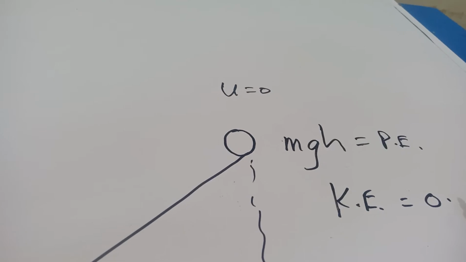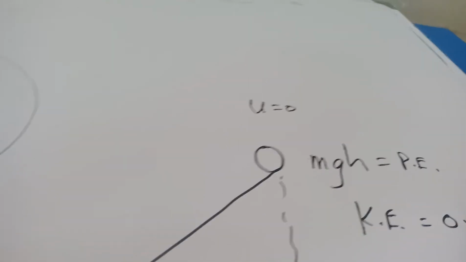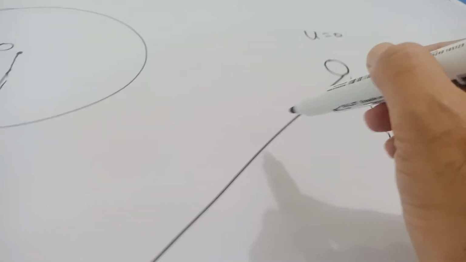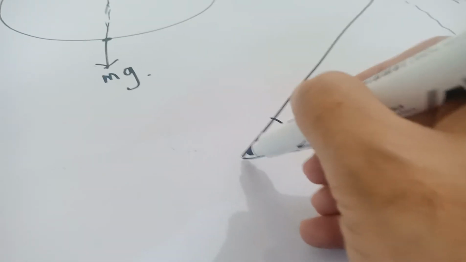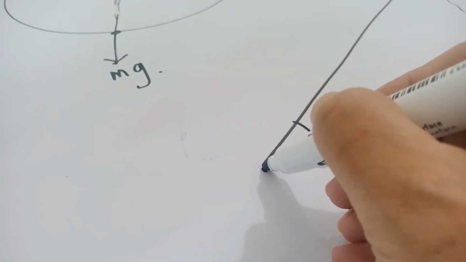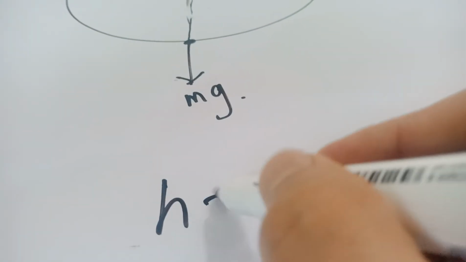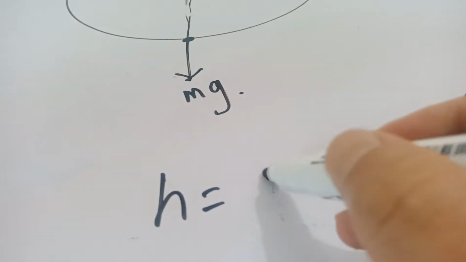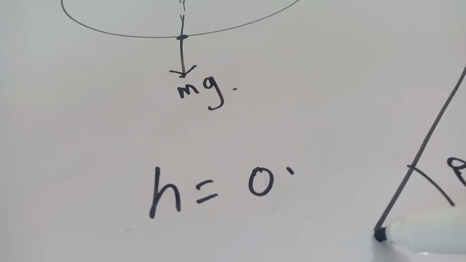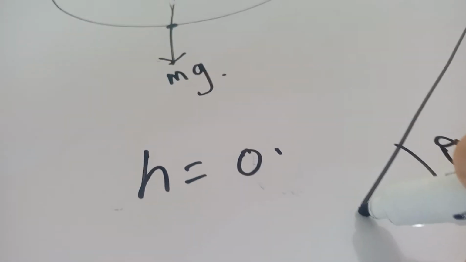Okay, now this is purely moving under gravity. When it reaches this point over here at the ground level, here the height is going to be 0, and let's say its velocity is now v.